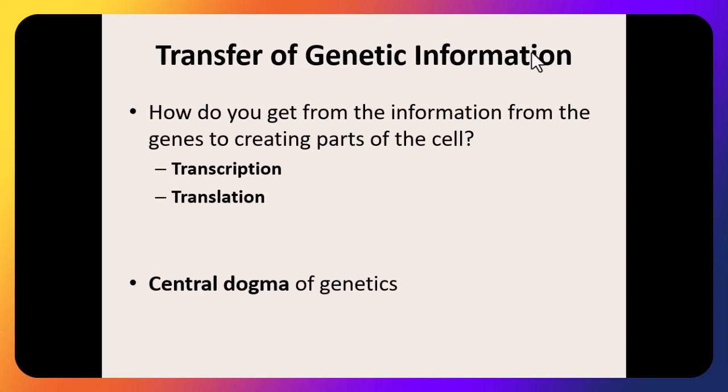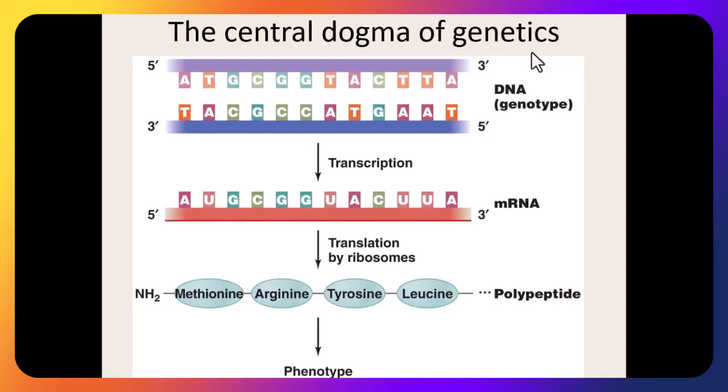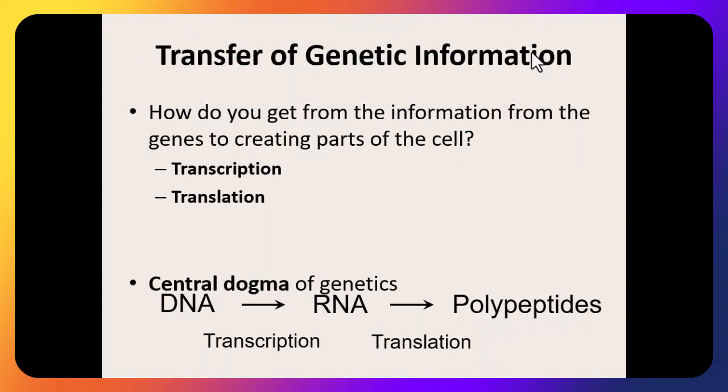It's called the central dogma of genetics. We can take the information that's on DNA and we can transcribe it. Transcription, and make messenger RNA. Now, it's not DNA.